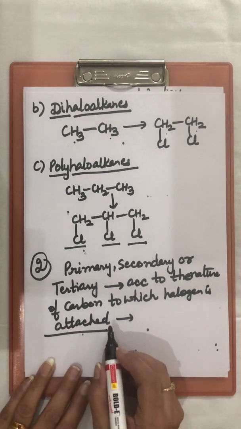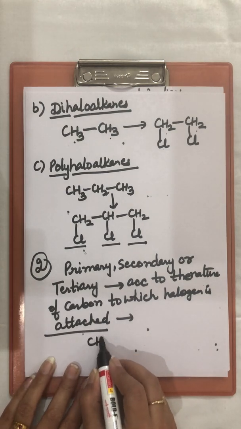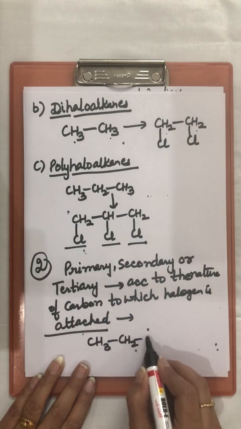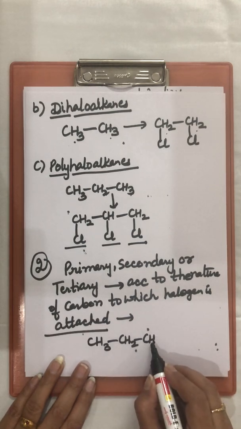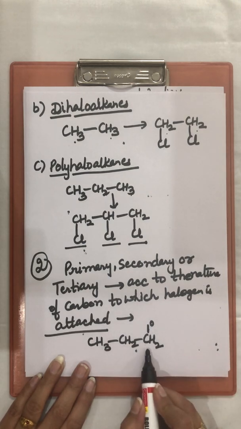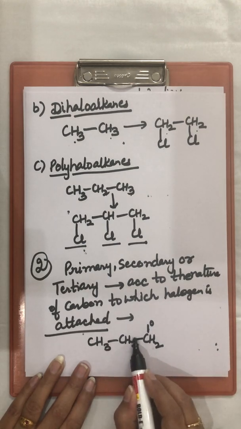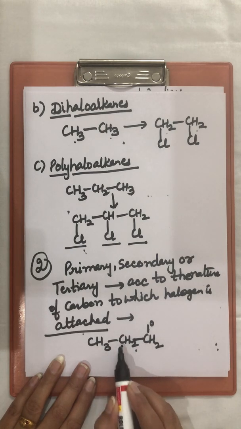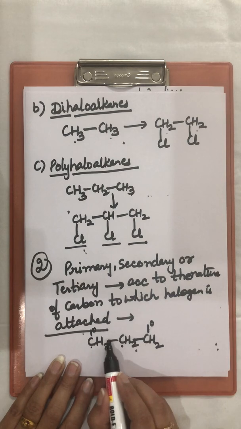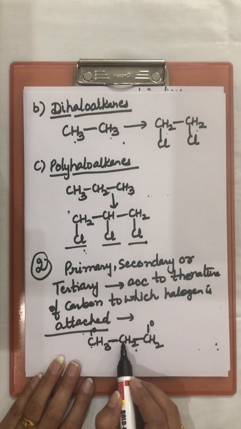For example, this is a primary carbon atom. Why is this a primary carbon atom? Because this is linking further with only one carbon atom. Even this carbon is primary because it is linking further with only one carbon atom.